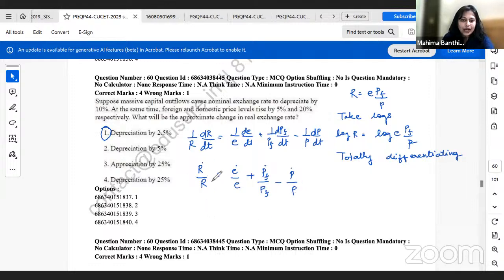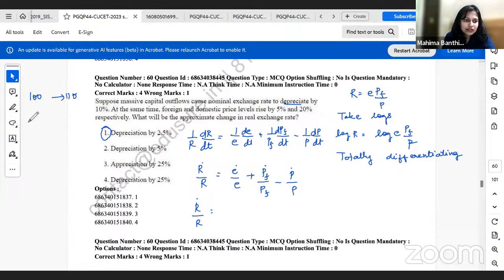Okay. So R dot by R tells us the rate of change of real exchange rate. This is what we want to know. E dot by E tells us the rate of change of nominal exchange rate. Now, nominal exchange rate depreciates by 10%. I would put depreciation on the positive side, because depreciation means that you go from, let's say, 100 to 110.